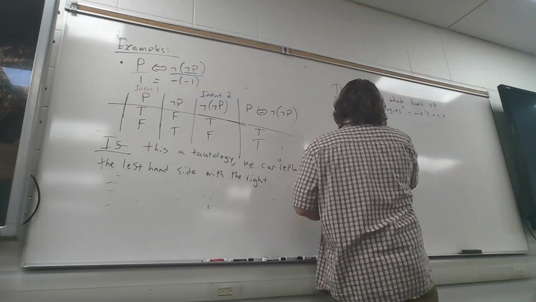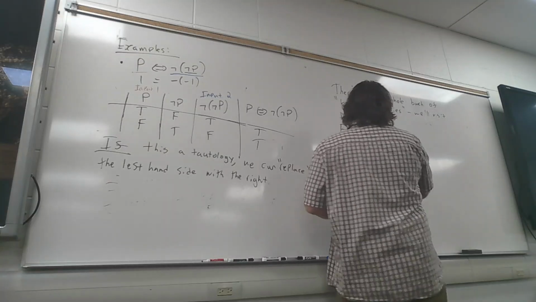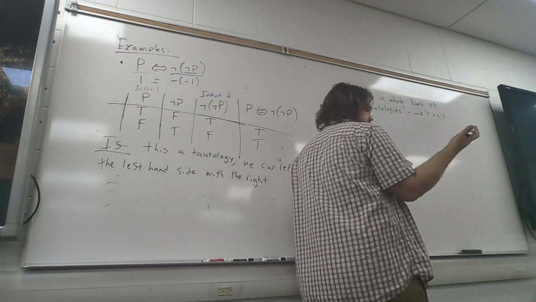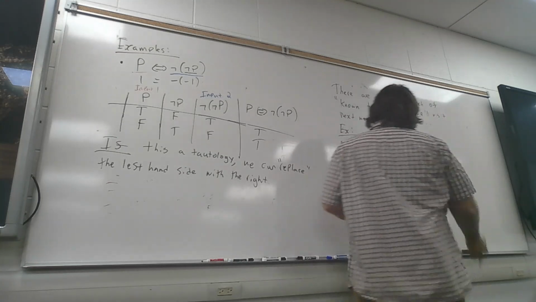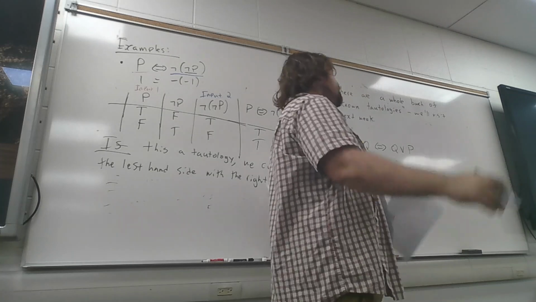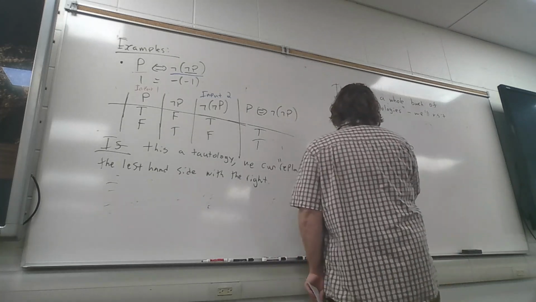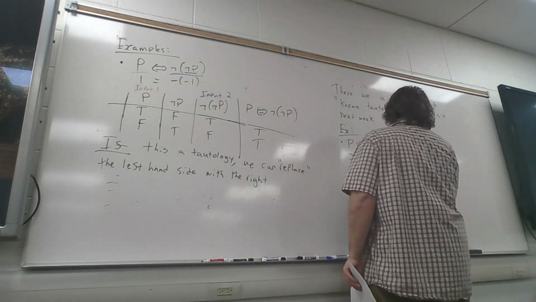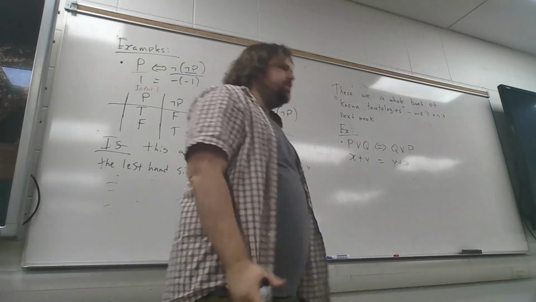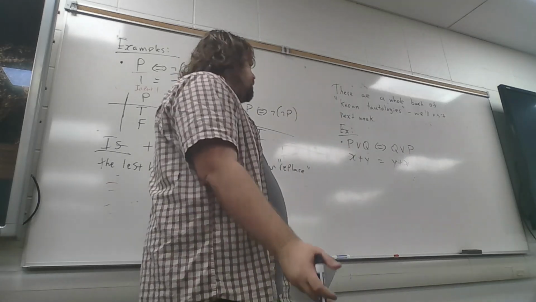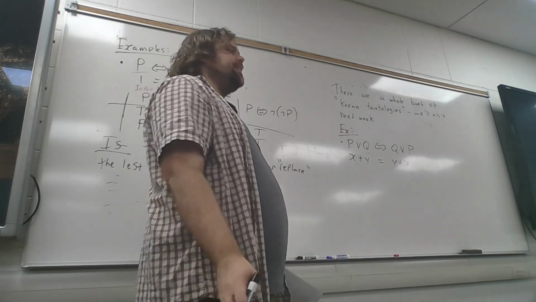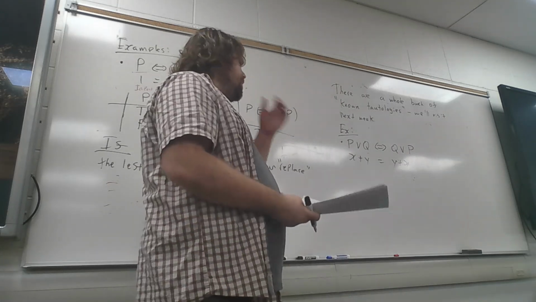P or Q is equivalent to, and that's what this symbol really means, Q or P. Where have we seen that before? In addition, it doesn't matter which order you do them in. So we've got a lot of these rules that are things that we take for granted in algebra.